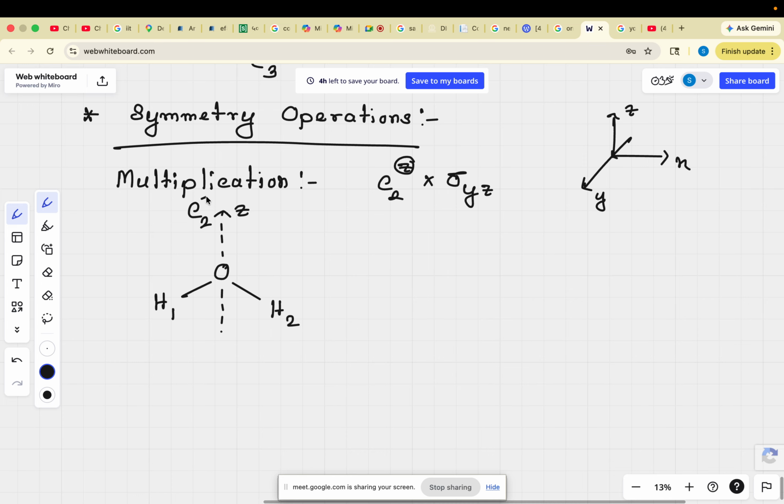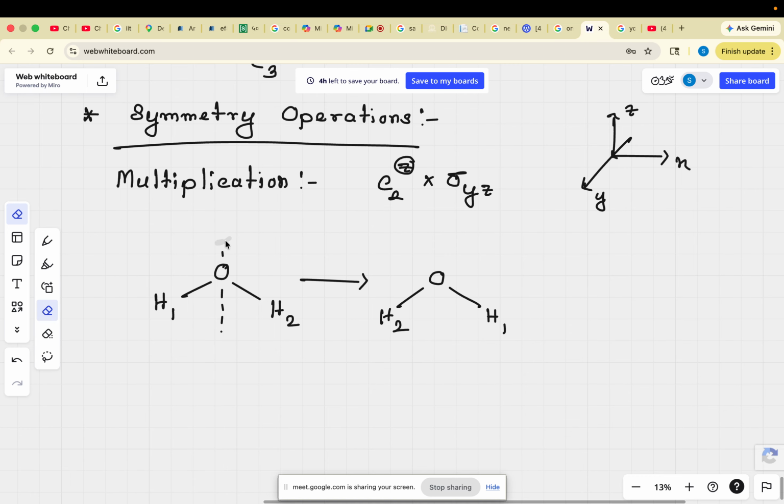Suppose I am rotating the molecule through this C2 axis. What will you get after applying C2z? Basically you will get oxygen, H2 will come here, H1 will go here. Like this.